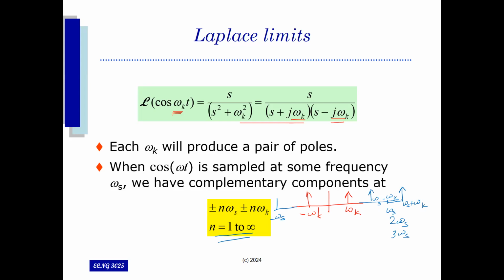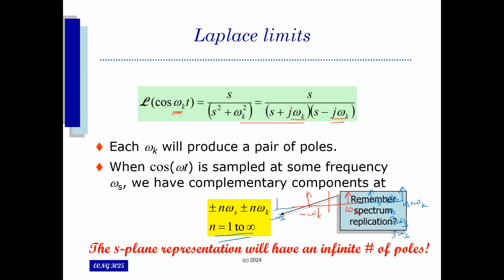So once you sample a signal, and we saw why it happens, in the frequency domain you create replications of the signal. So if you now take the Laplace transform of a sampled signal, each of those replicants, the cosine omega_k t, will give you something, but the one at omega_s plus omega_k will give you another pair of poles, and so you keep going on.